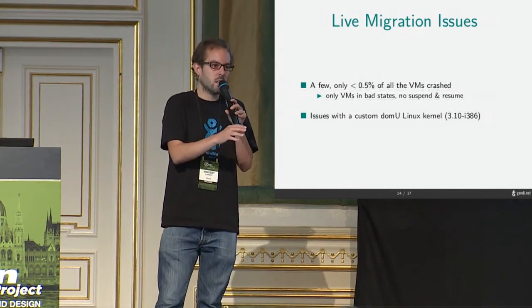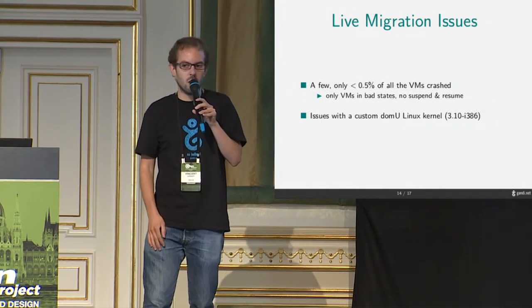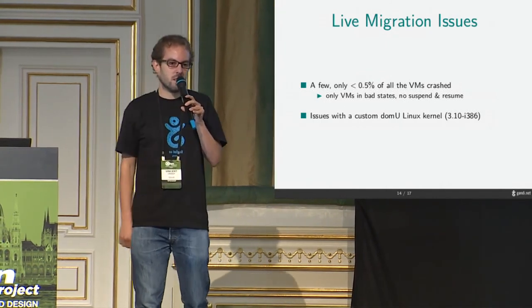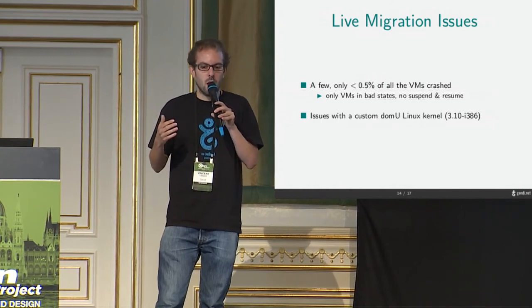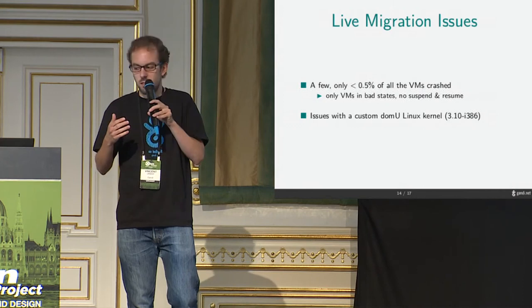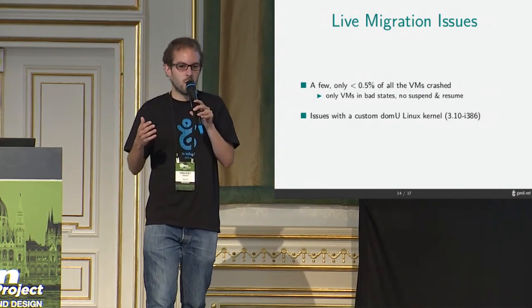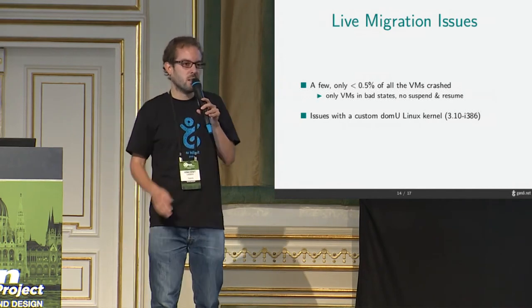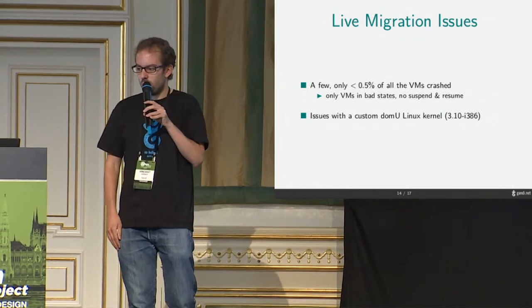The VM is still running on the source host, but live migration doesn't seem to work, so we have to restart the VM. It's kind of a good way to find which VMs are in a bad state, so that we can send an email to the customer, for example. But we still want to do better.